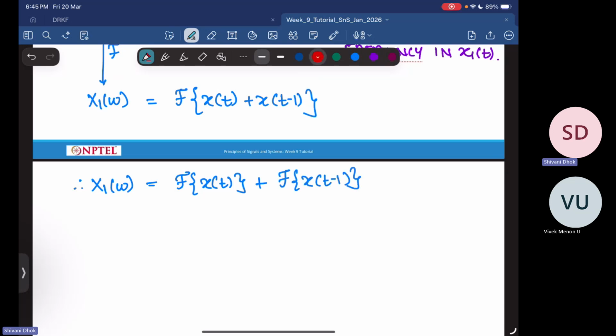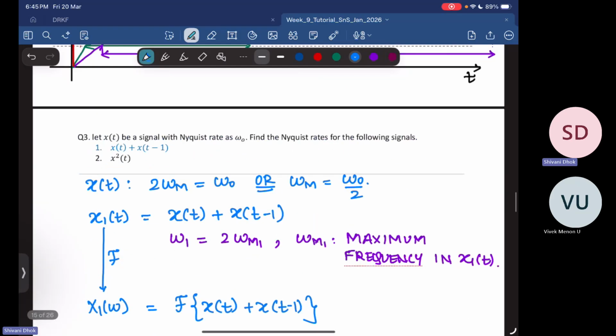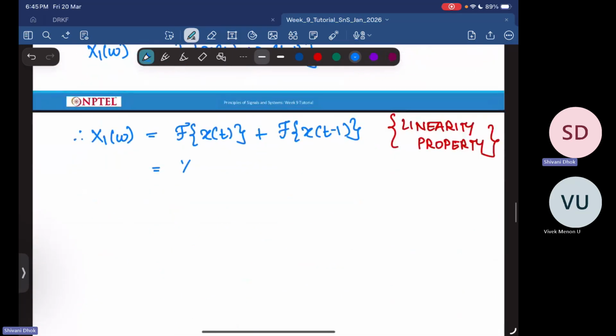This comes from which property? This comes from the linearity property of the Fourier transform. Let's say this x of t signal has a Fourier transform x of omega, and the Fourier transform of x of t minus 1 will be given by e power minus j omega into x of omega.